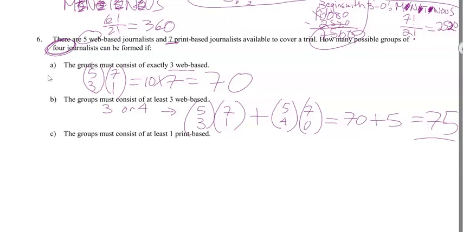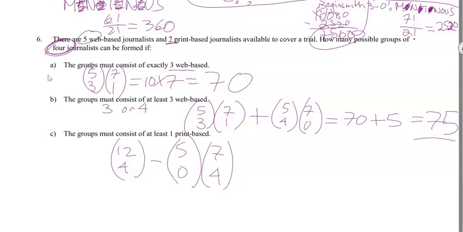So what we'll do is take all the ways of doing it: just forget there are 12 journalists, I need 4. From that, let us subtract the ways where there are no print journalists. And what are we left with? Every other possibility, right? With 4 journalists there are 5 cases, which is none, or 1, or 2, or 3, or 4.